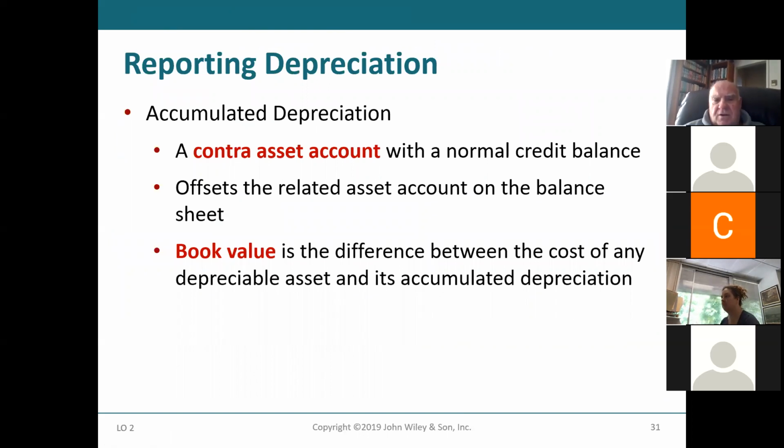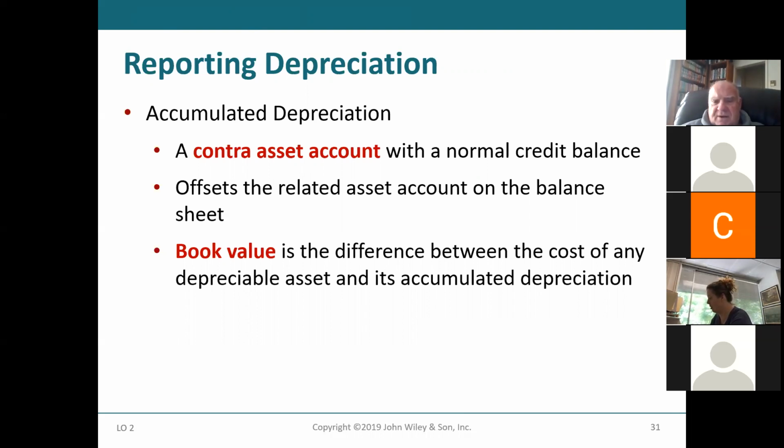Accumulated depreciation. It's a contra asset account. You're going to find a few contra accounts as we go through the chapters. A contra asset account with a normal credit balance offsets the related asset account on the balance sheet. Book value is the difference between the cost of any depreciable asset and its accumulated depreciation.